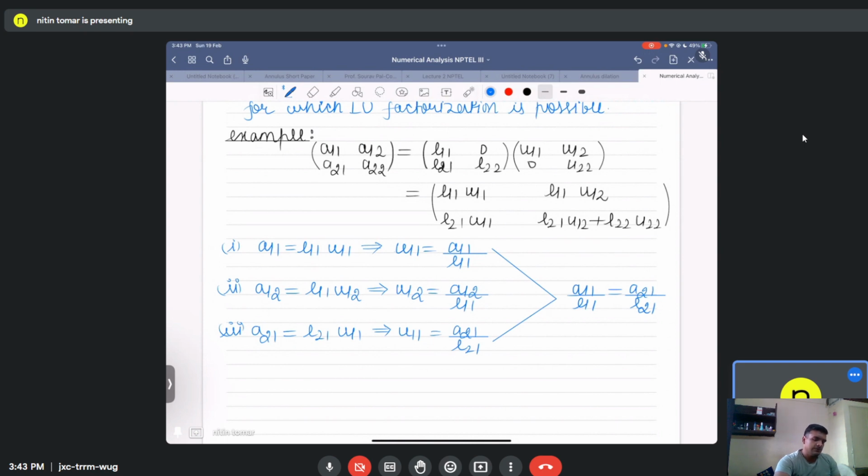So you can violate this condition to construct one example for which LU factorization is not possible. Is it fine?